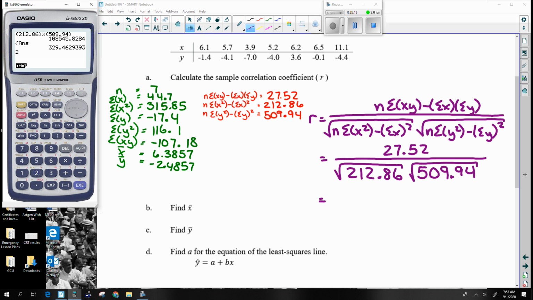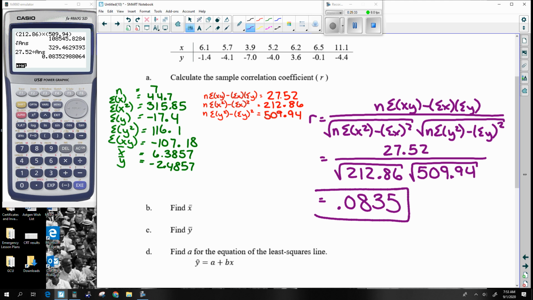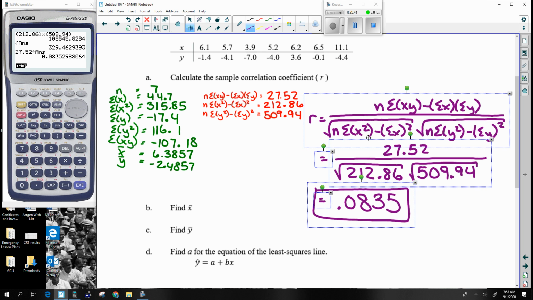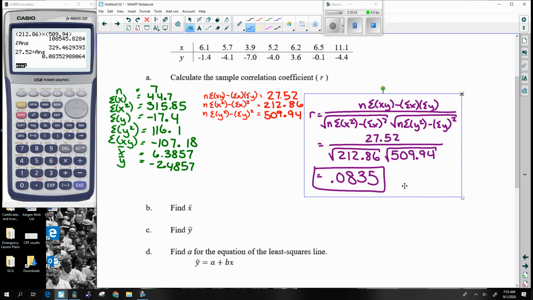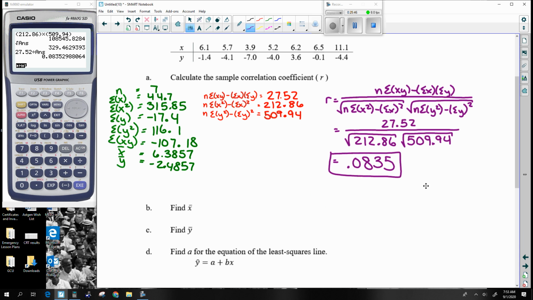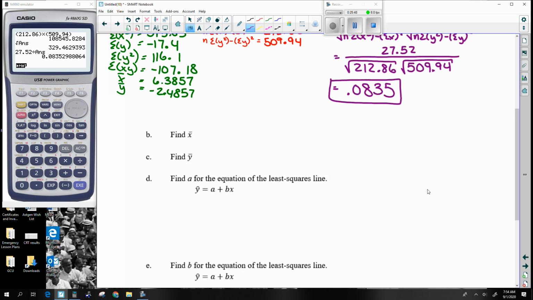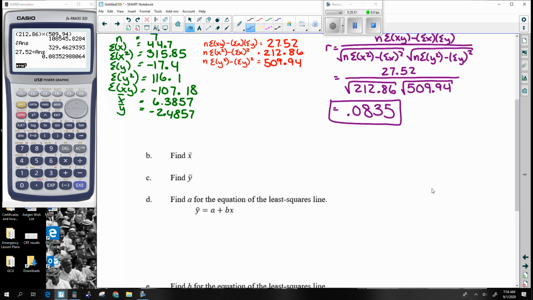Now I take the numerator divided by this denominator, using the answer. Now that is pretty much all the heavy lifting in this entire problem. We got all the tough stuff done. Now all we get to do is steal our answers and know how to apply things.